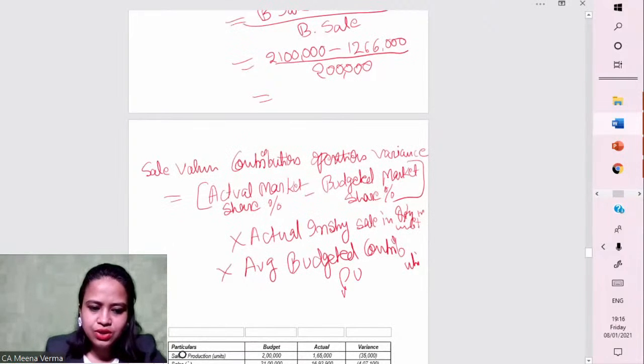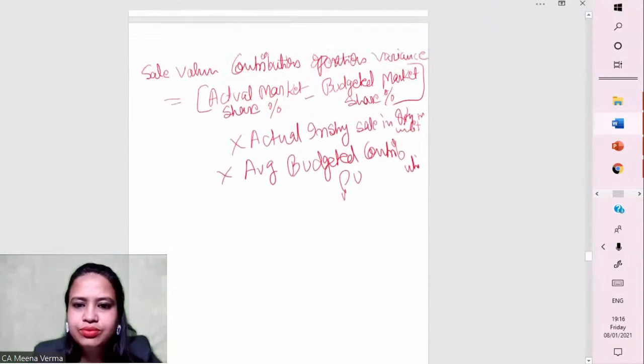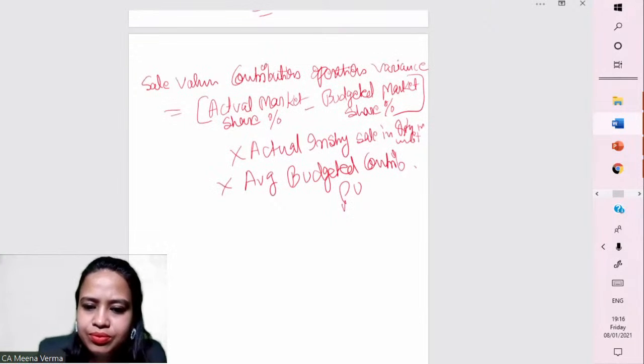So consider these values, you will get the answer per unit.